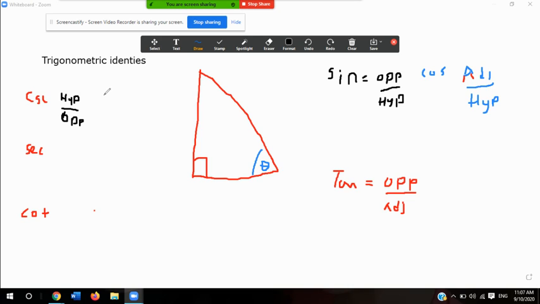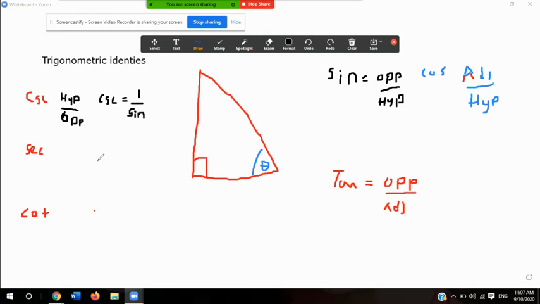But another identity, which we're going to see in the second example, is cosecant equals 1 over the sine. It's 1 over the sine because I inverted the fraction.